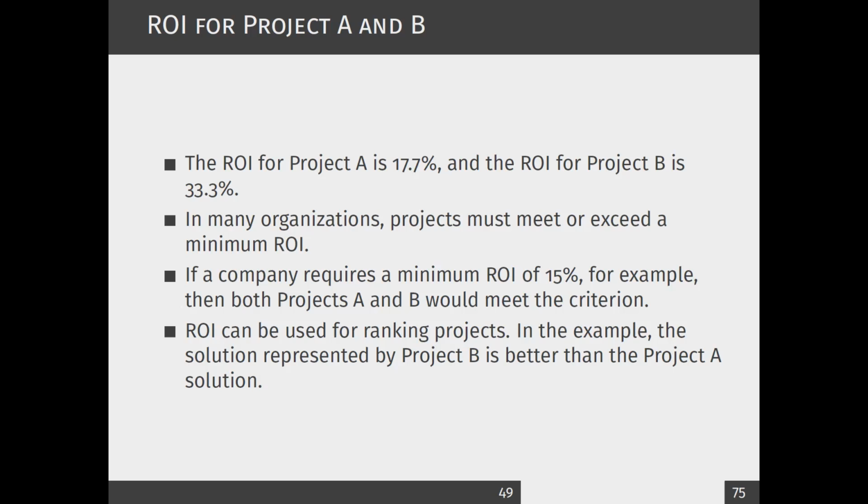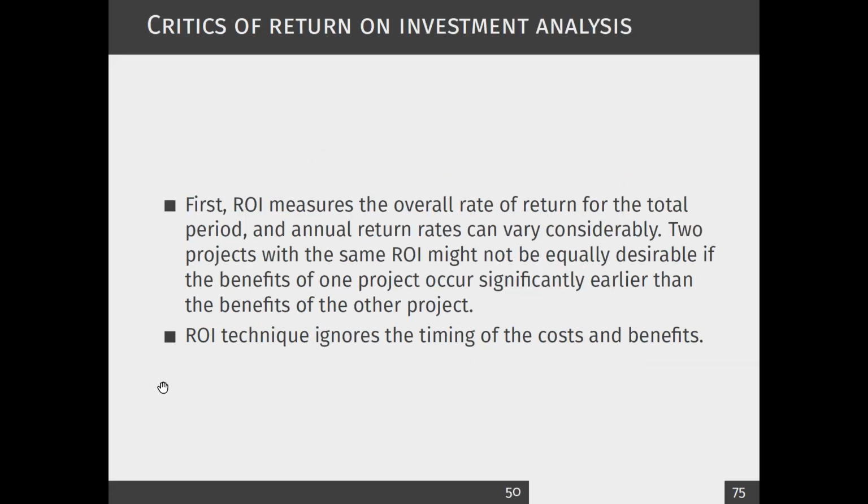So according to that, both project A and project B are beneficial, isn't it? Because both can actually be used. So we can say that project B is better than A, but still, if you say ROI 15, both A and B are meeting the criteria we define there. Right.